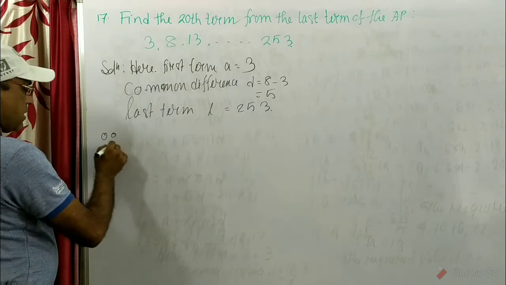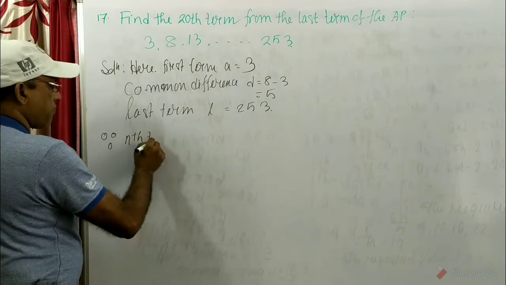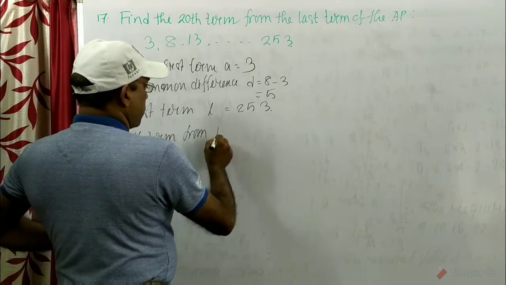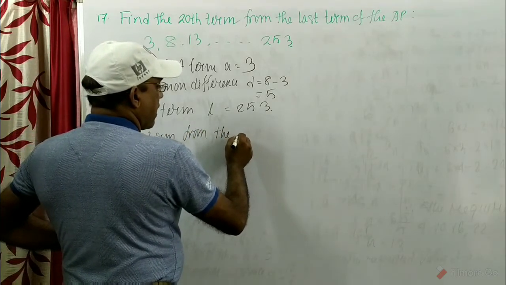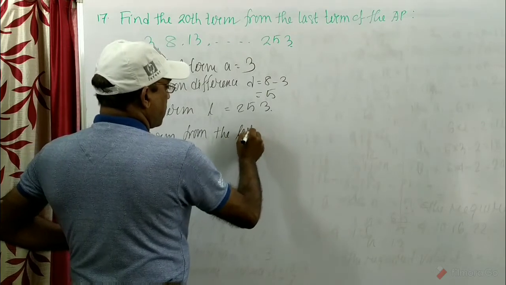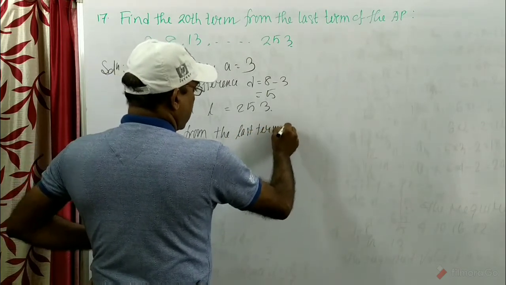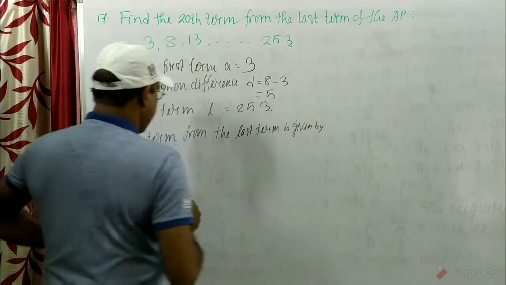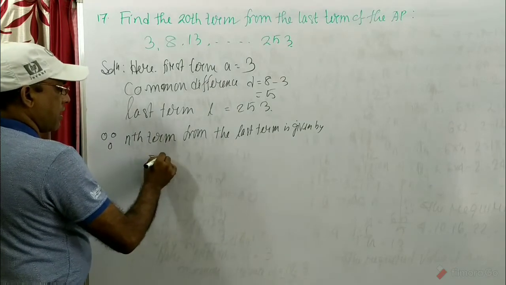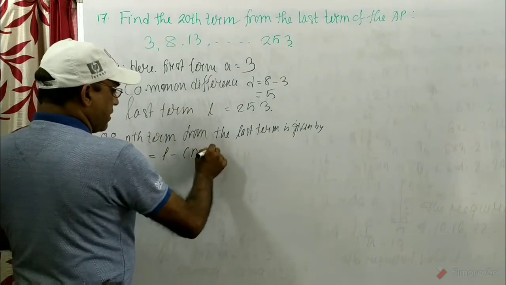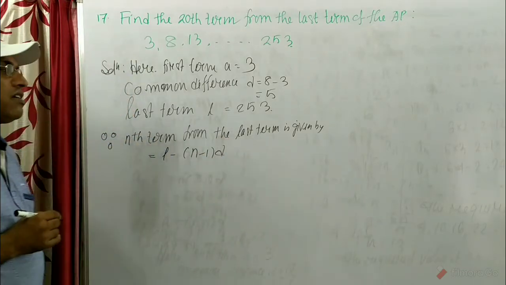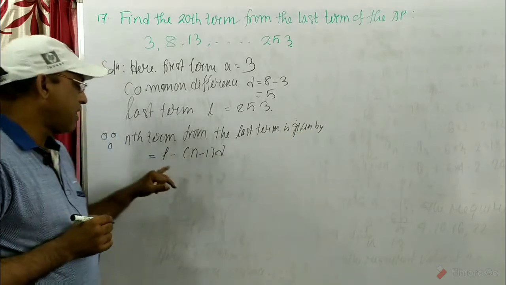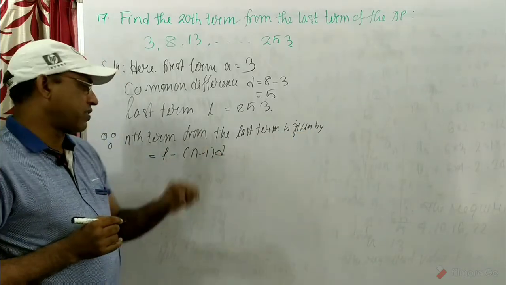Since the nth term from the last term is given by the formula L minus n minus 1 into D. This is our formula. The nth term from the last term is given by L minus n minus 1 into D.